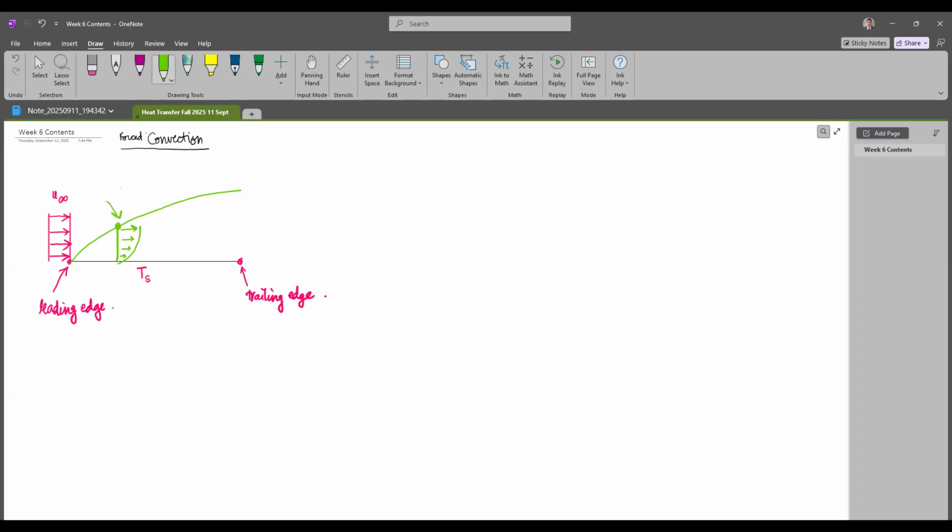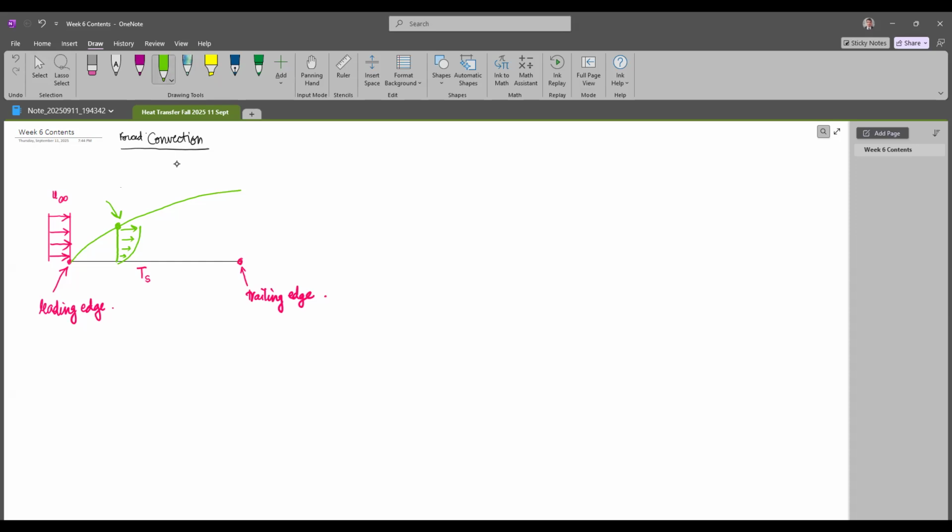Usually we'll have to explain somehow what is going to be the velocity at this point.